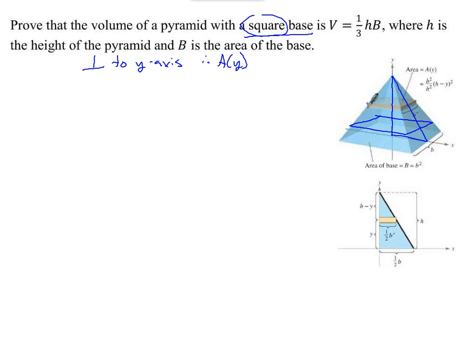Now this cross section here, this representative square that we have, is shown here as a representative rectangle. The reason that we're only taking that one side of that pyramid is because this side is exactly the same as this side, and we can just double it. Now the base, they're showing you, has a length of b.